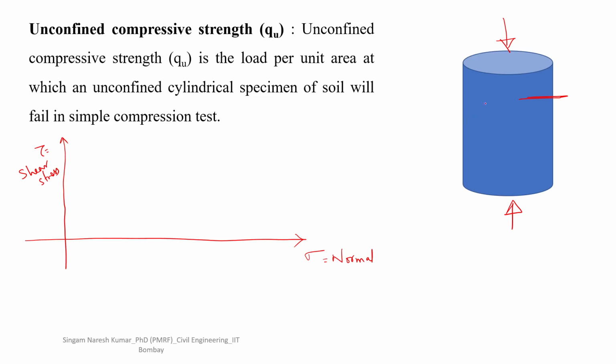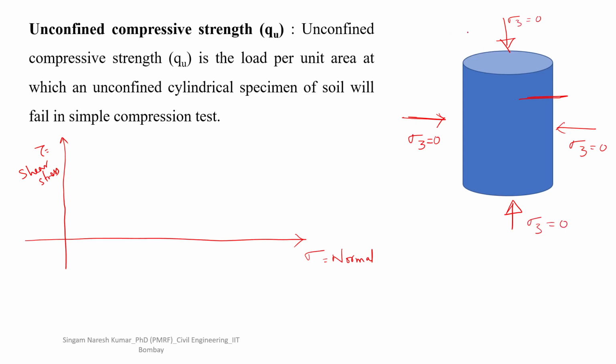The planes on which there is no shear stress are called principal planes. Here, as there is no confining stress, this is the unconfined sigma 3. Let us take sigma 3, the normal stress, as 0 because it is unconfined. From here also it is sigma 3, everywhere it is 0.